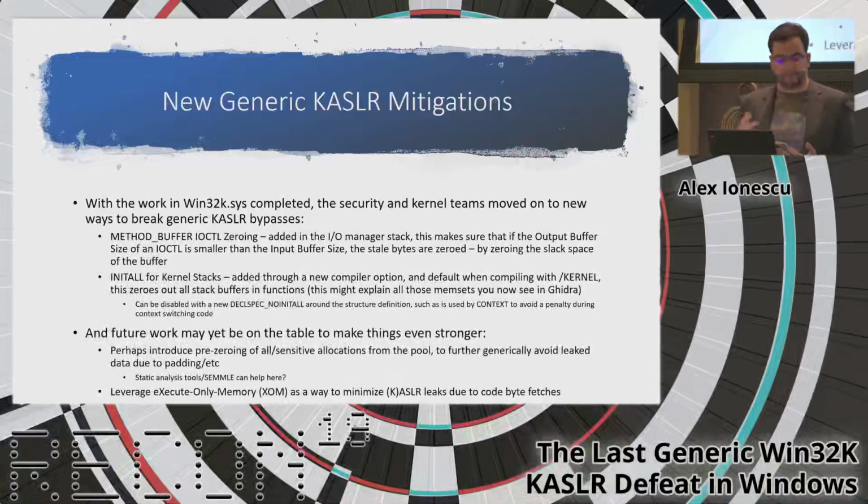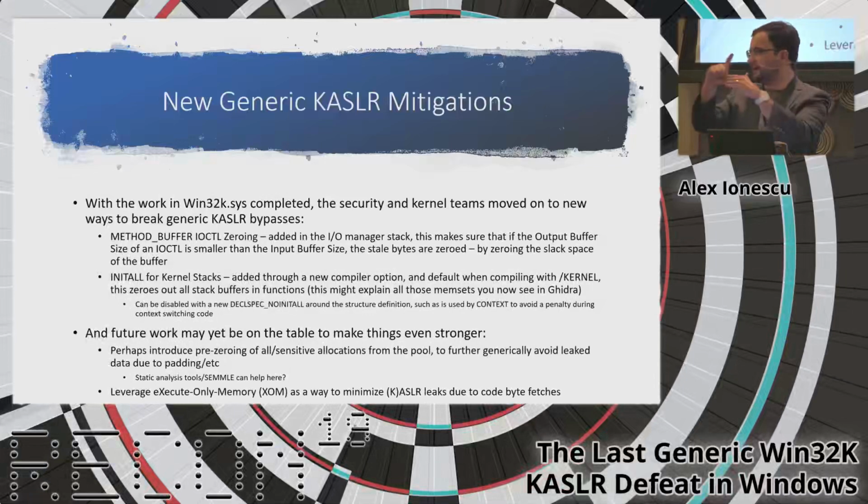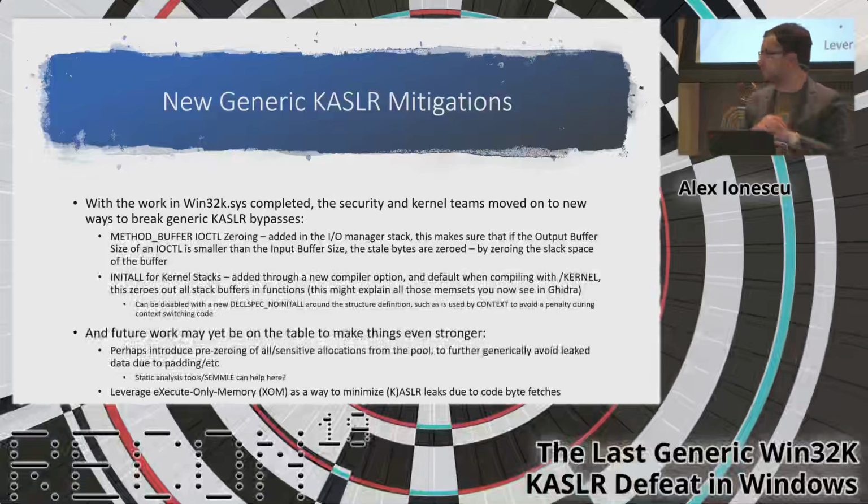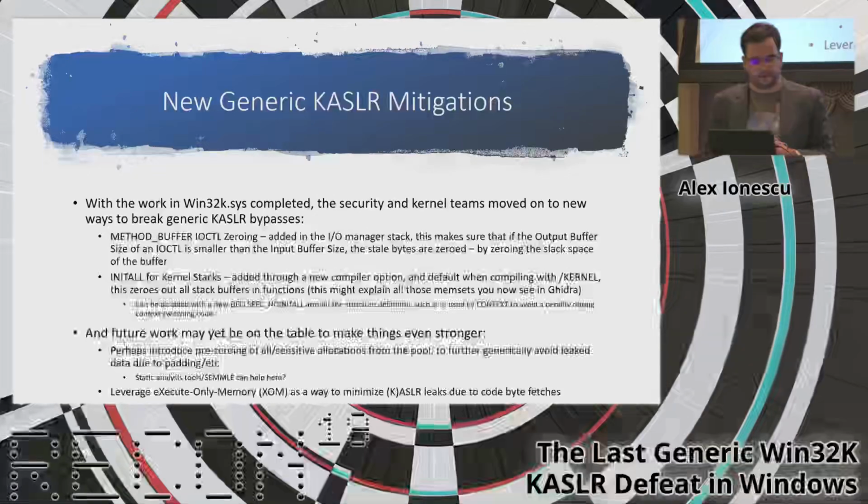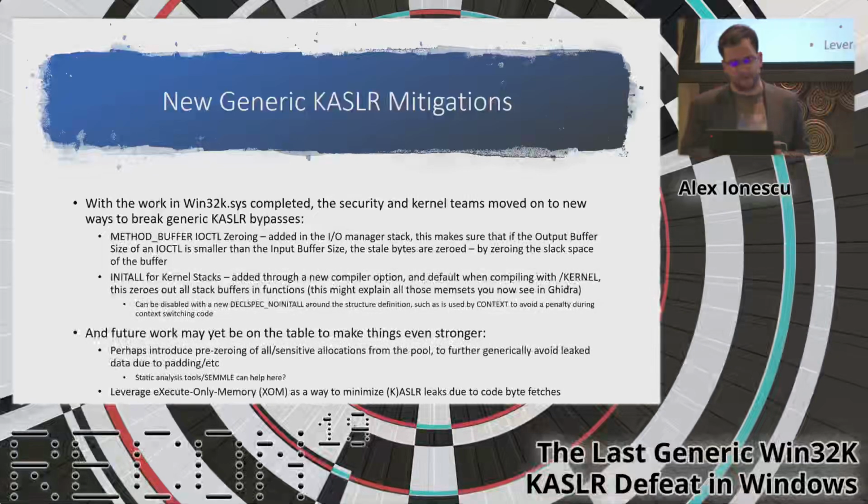A bunch of drivers had bugs like this, where they were saying they were returning more output data than they had actually written to the output buffer. So the output buffer was leaking contents of the input buffer that had kernel pointers in them. What they did in RS4 is they now completely zero out this slack space. It's a perf penalty cost on every single IOCTL which has one buffer bigger than the other, but it completely kills that category of bugs where drivers aren't doing the right thing.